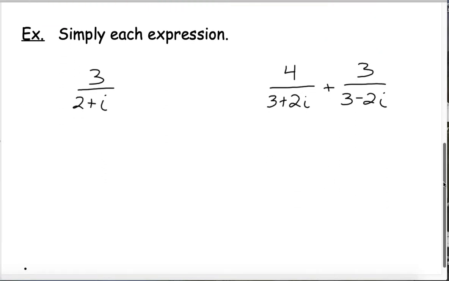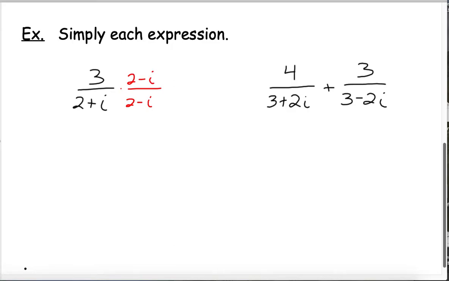So remember back in Algebra 1 and Algebra 2 when you were told you can't have square roots in the denominator? The same applies here for complex numbers. You don't want to leave i in the denominator. So what we need to do to get rid of that is multiply by a form of 1, and we're going to use the complex conjugate. So 2 plus i, we're going to multiply by 2 minus i.